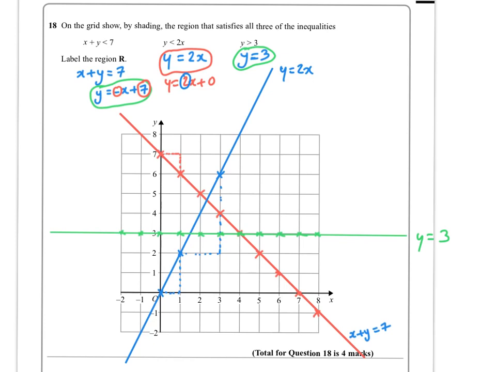So we're now going to say, okay, let's shade in exactly what the inequality tells us to shade in. So I'm going to choose another colour, and we're going to have a nice orange. So we're going to do y is greater than 3. So we're going to take the line here and we're just going to shade all of that greater than 3.